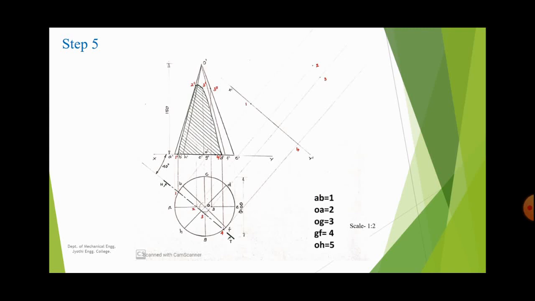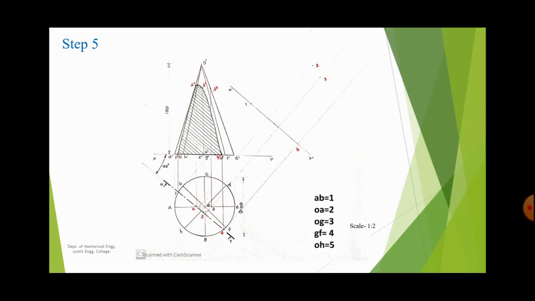And you measure the distance from the point. In order to get the point 1, you measure the distance of 1 dash to the XY line. Since 1 dash lies on the XY line, 1 lies on the X dash Y dash. Then for 2 dash, you measure the distance from 2 dash to the XY line, and mark it along the projection line of 2.